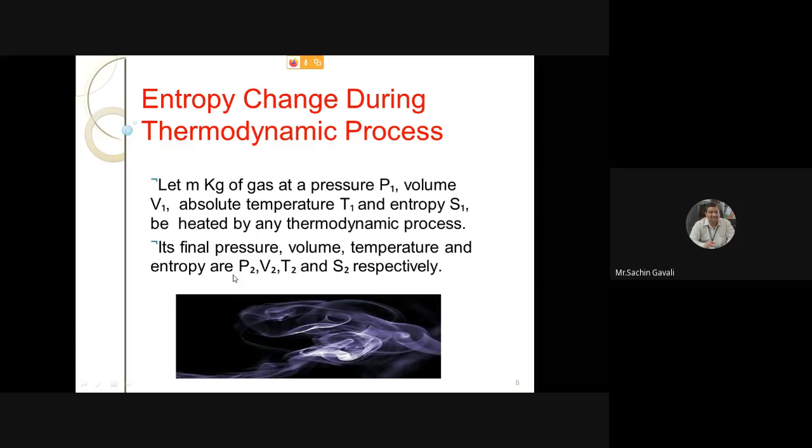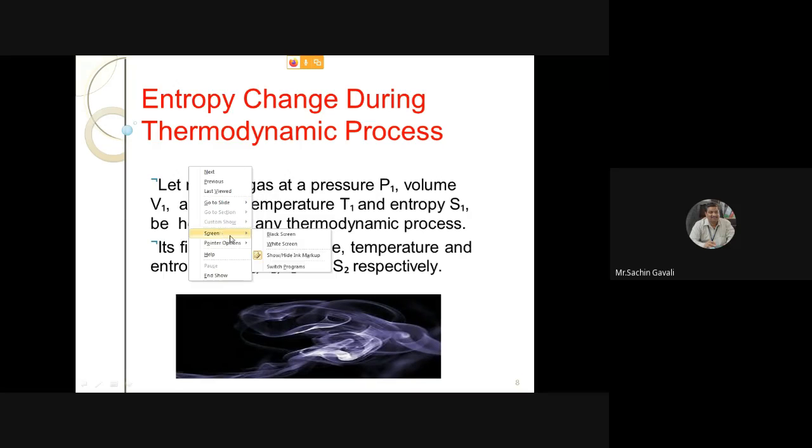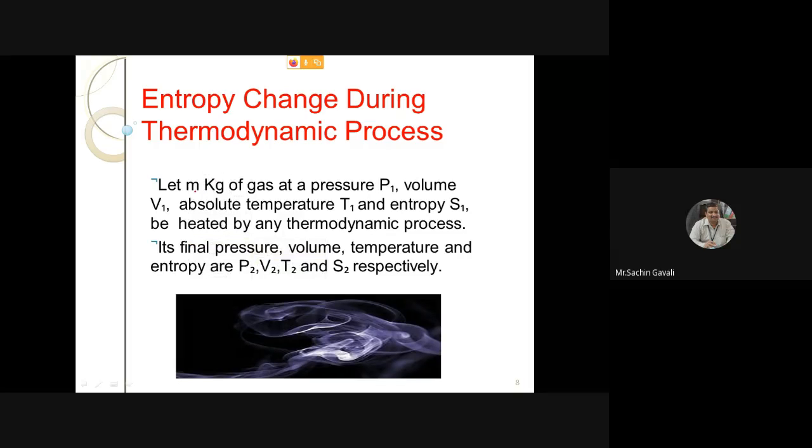Now, this is a very important derivation, many times they are asking: the entropy change during a thermodynamic process. For that, some books have considered the mass of the gas as 1 kg, or some books are considering it as m kg.